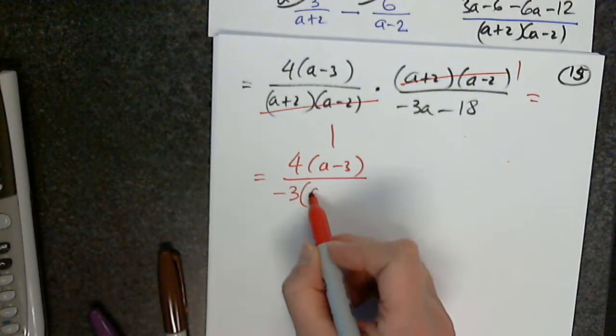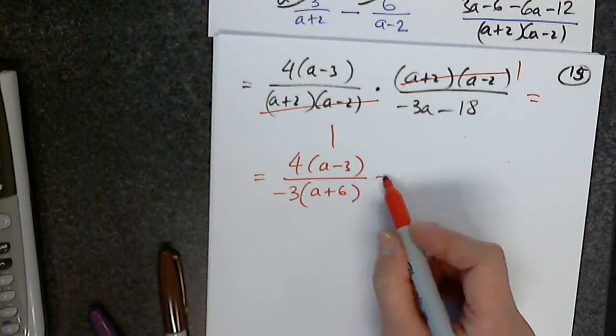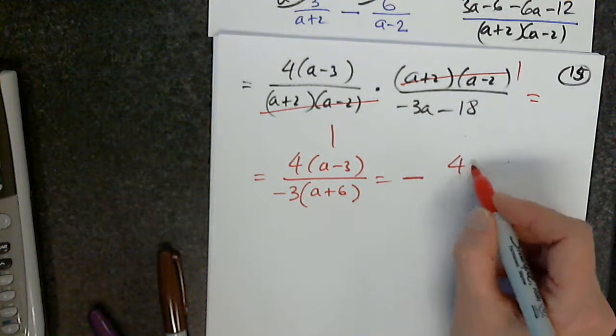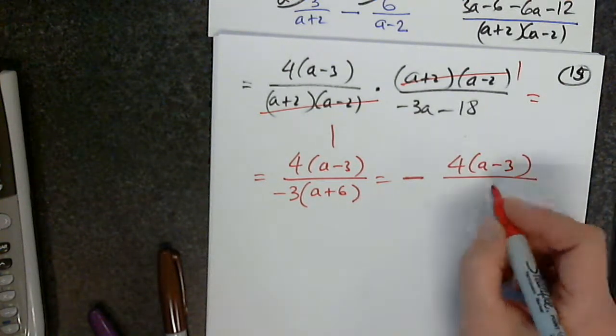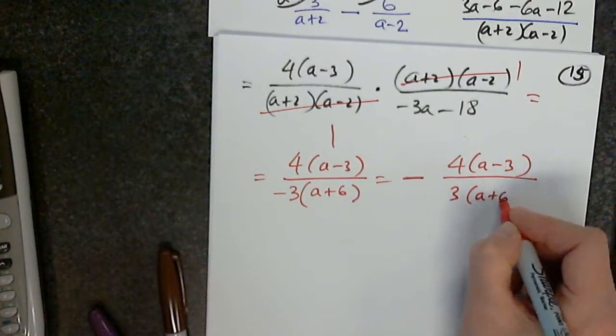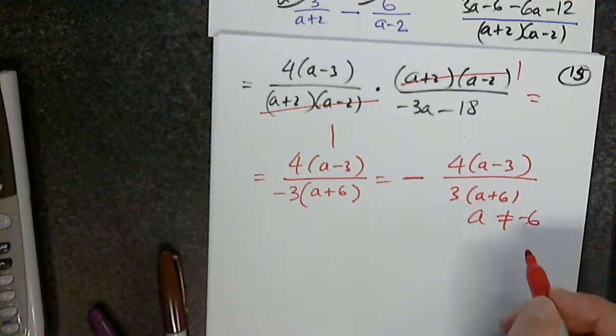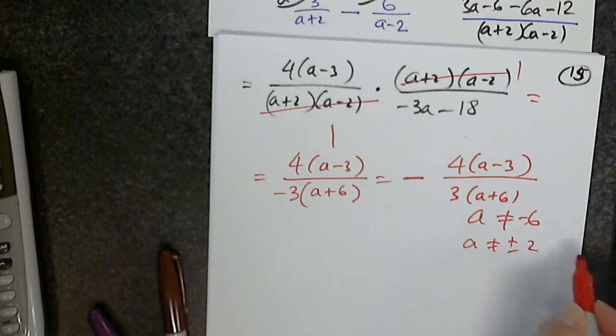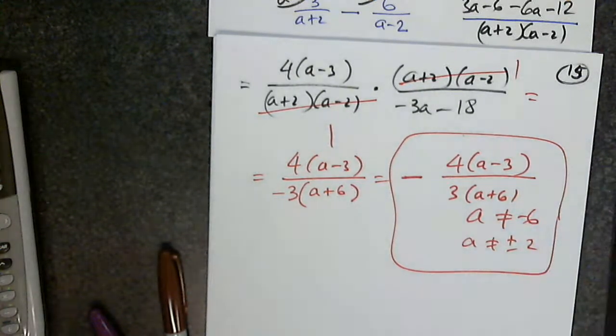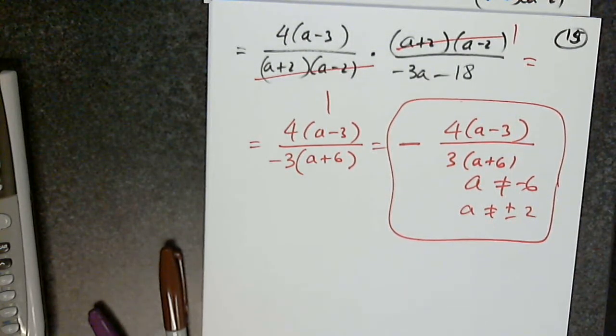Very good. And I have a plus 6. So negative goes in front. Do not distribute. Do not do anything. Just state one more restriction, a not equal negative 6 and a not equal plus or minus 2. And this is the correct answer. Any questions?